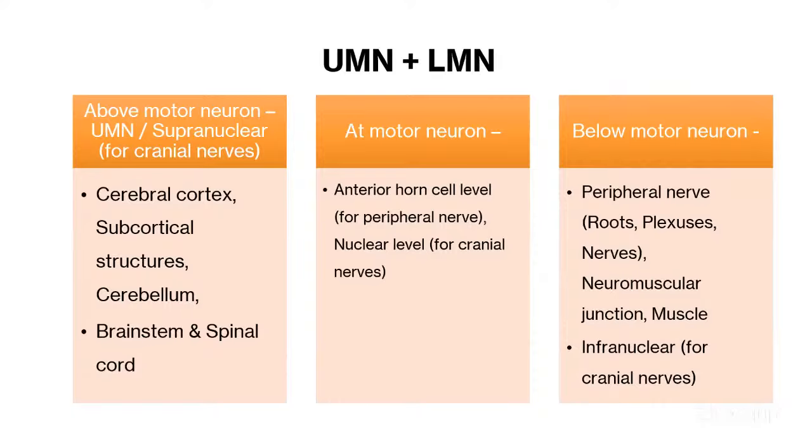It includes cerebral cortex, subcortical structures, cerebellum, brainstem, and spinal cord. At the motor neuron level, it's the anterior horn cell for peripheral nerve, and for cranial nerves, it's the nuclear level. Below the motor neurons, it's the peripheral nerve. It includes roots, plexus, nerves, neuromuscular junction, and muscle. Infranuclear for the cranial nerves.